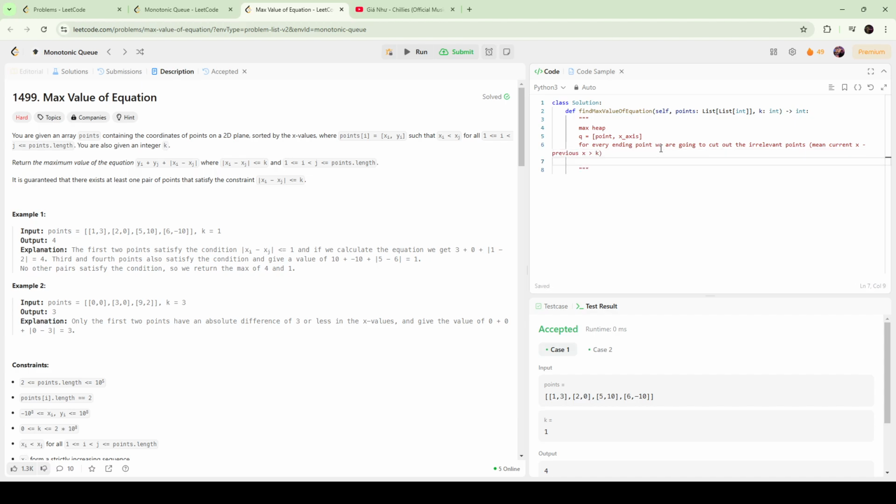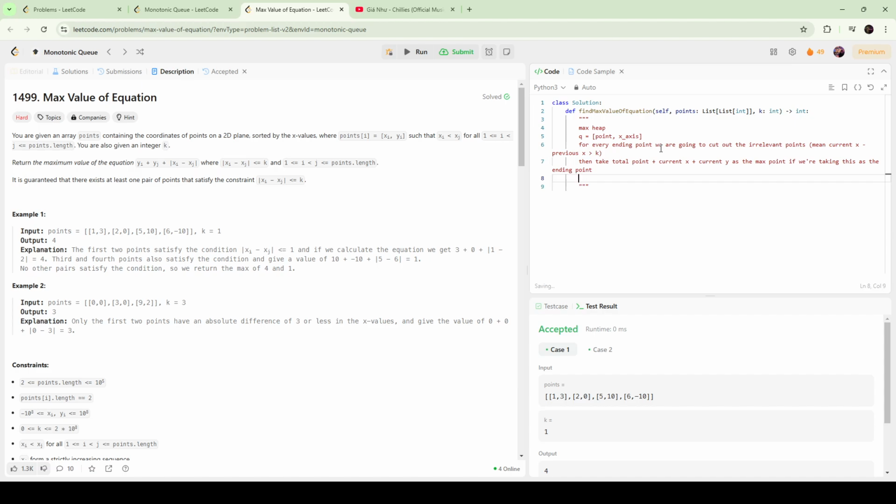And then take the total point plus current x plus current y as the max point if we are taking this as the ending point.